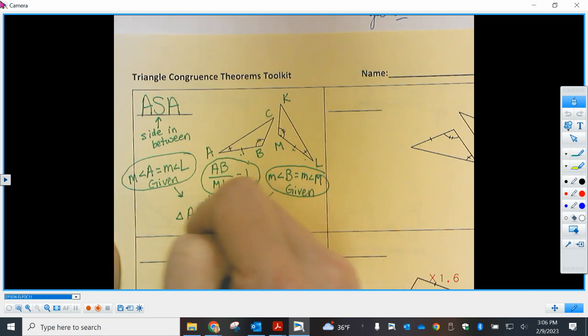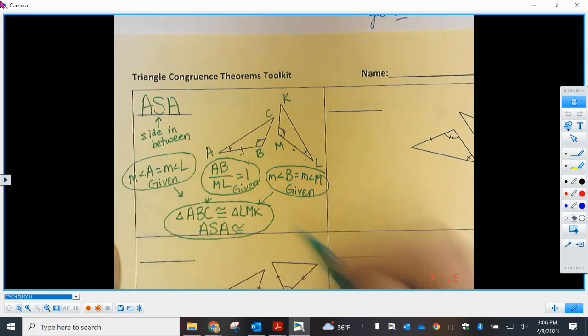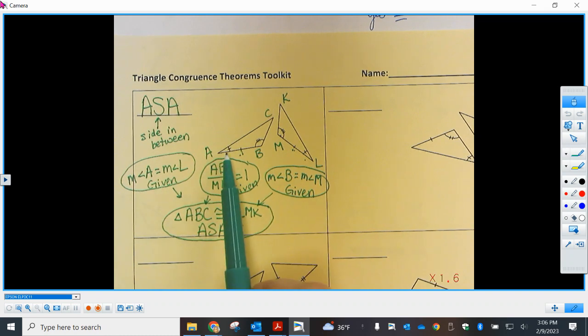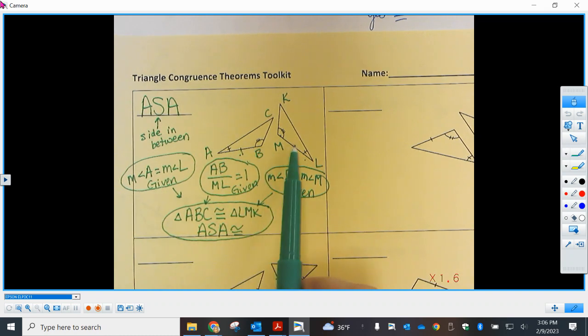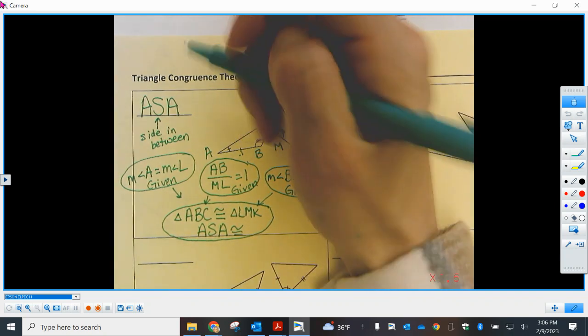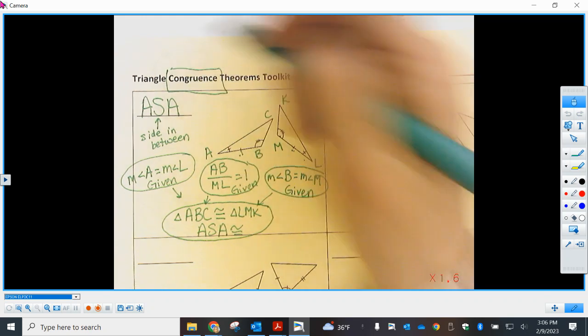Okay, angle, side, angle congruence theorem. So if you are given a triangle with two angles and a side in between, then those triangles are congruent. Okay, so this is the congruence theorems.